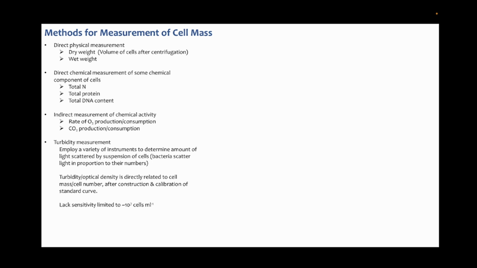There are several ways of doing it. The hard way or the easy way? The easy way is done. Every cell you times 20 femtogram carbon. Easy. But it's not accurate. Not very accurate. But roughly it's what it is.